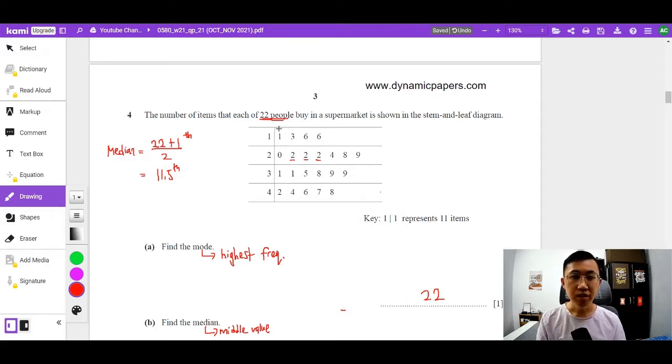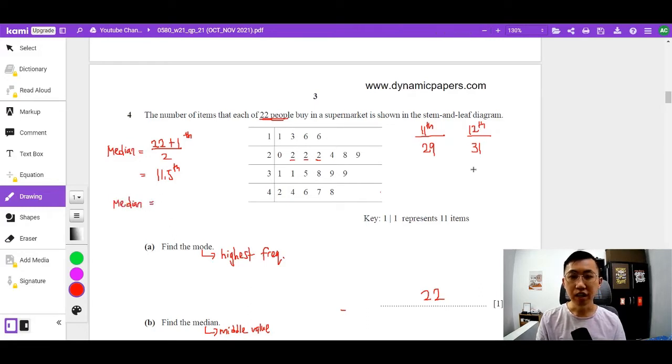Where is it? This is the first, second, third, fourth, fifth, 6, 7, 8, 9, 10, 11. Okay, the 11th data is 29. Remember that? 11th data is 29. The 12th data is 31. Okay, so your median. I was supposed to do the working downstairs.